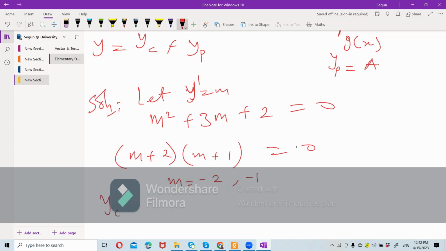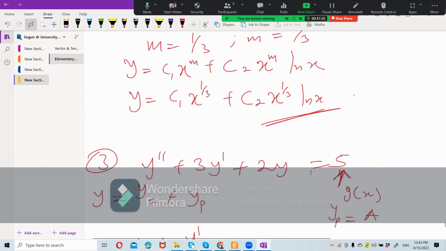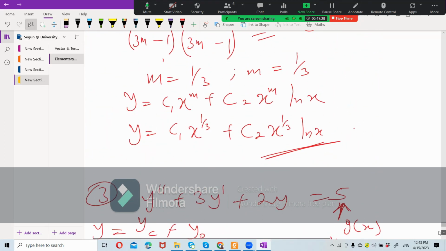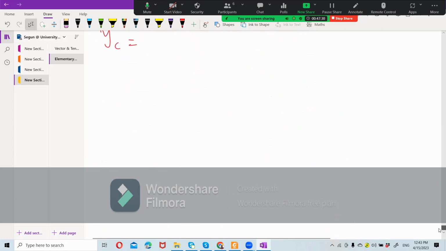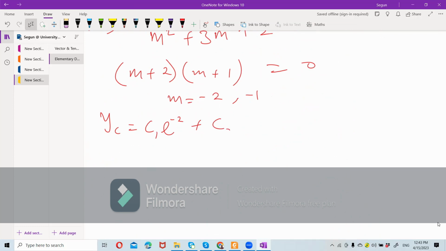So we have our y complementary to be, y complementary is equals to what? y complementary will be C1 exponential minus 2x plus C2 exponential minus x.